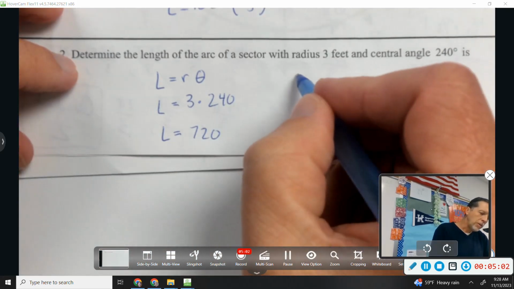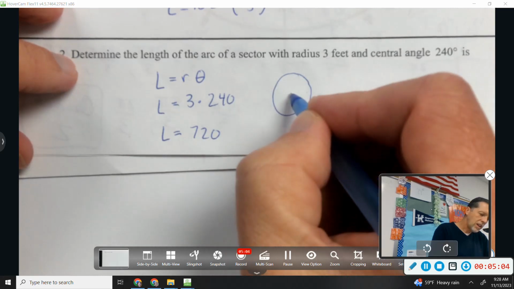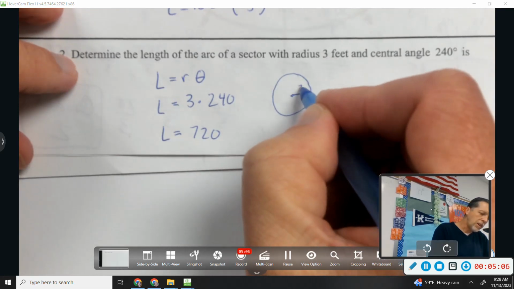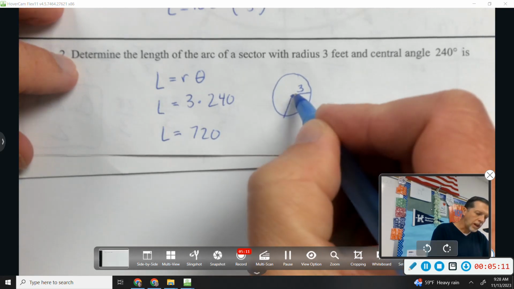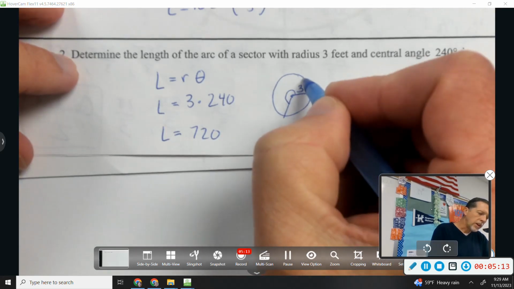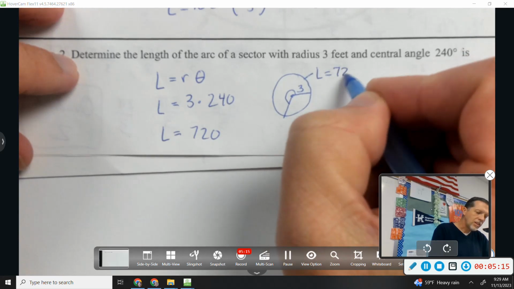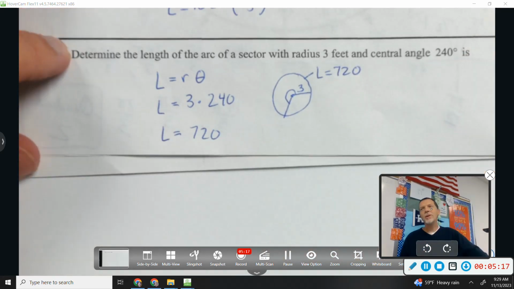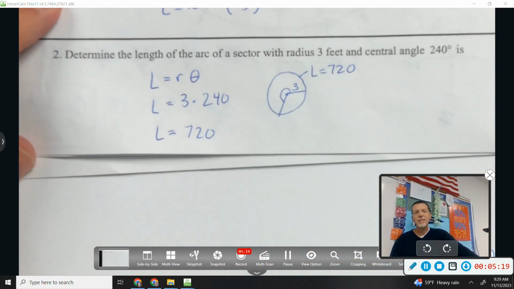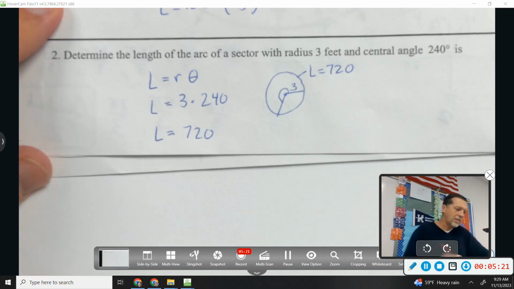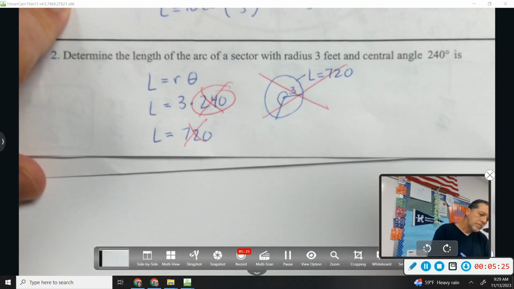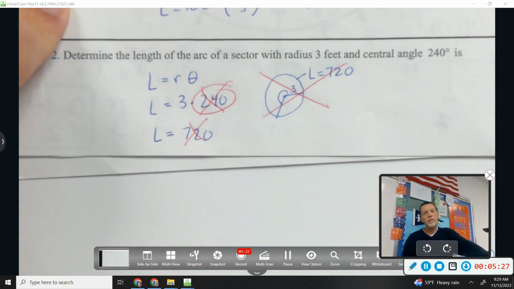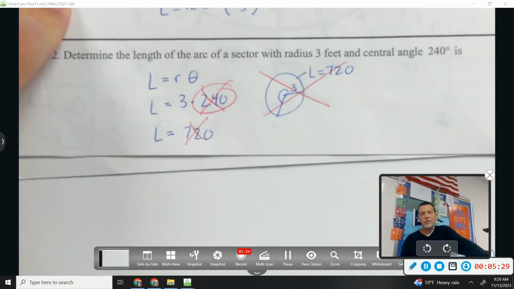So think about what you just said. You got a radius of 3 feet, angle of 240, so that's more than 180. You're telling me that arc length is 720? Oh, come on, that doesn't make sense. And the reason it doesn't make sense is you're not supposed to use degrees. If you're paying attention, you will catch that, because you'll get an answer that doesn't make sense.